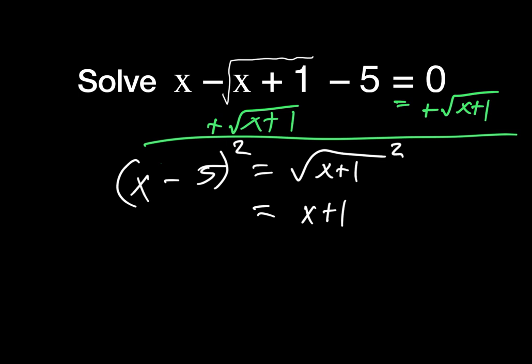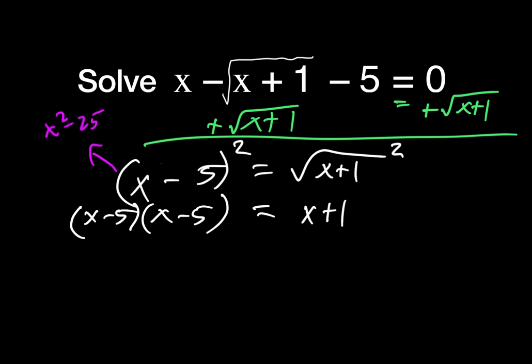Over here, I have x minus 5 squared, which is x minus 5 times x minus 5. The mistake I'll see here often is people will say, well, that's x squared minus 25, which is not true. What you're missing is the outside and inside terms when you FOIL.